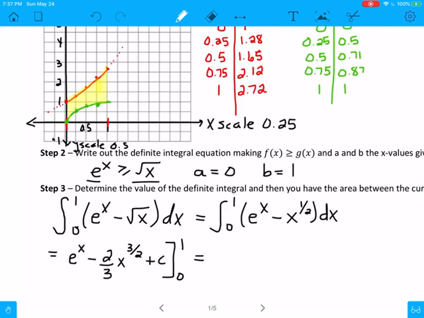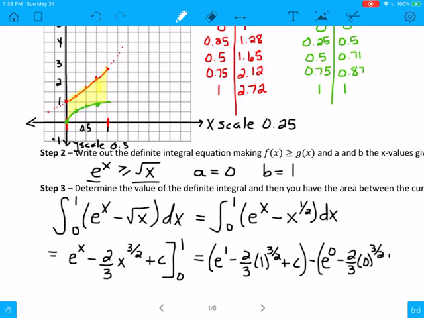So we're going to get e to the 1 minus 2/3 1 to the 3/2 plus c minus e to the 0 minus 2/3 0 to the 3/2 plus c.